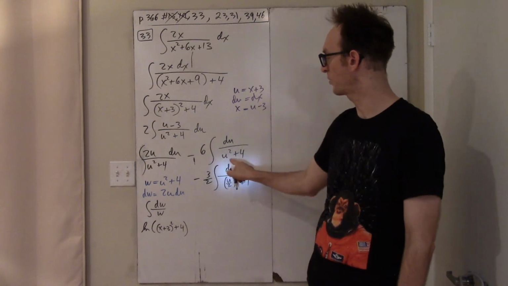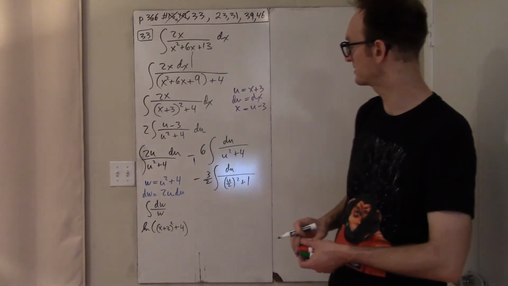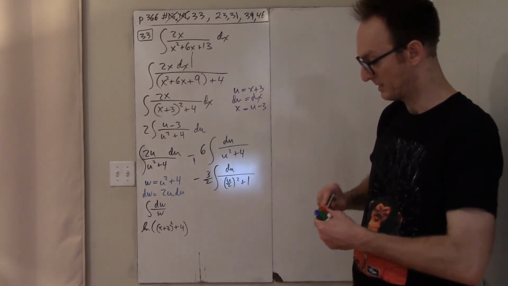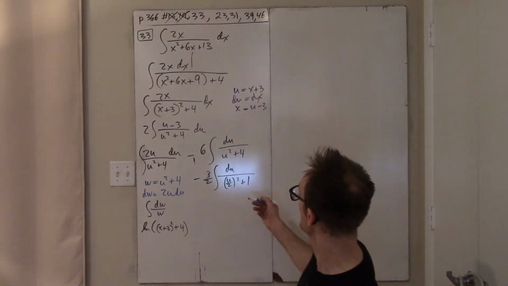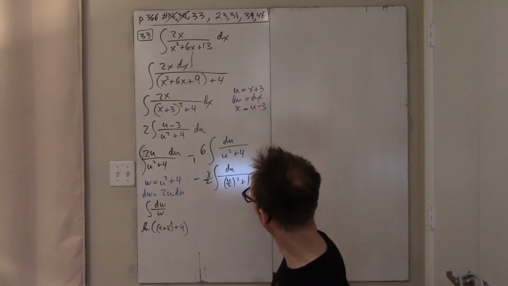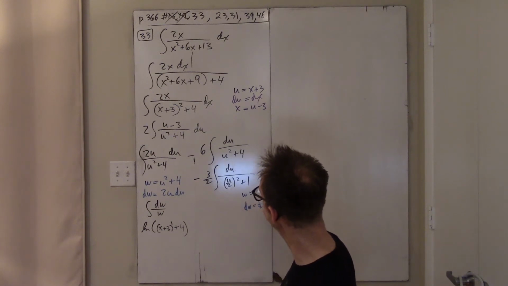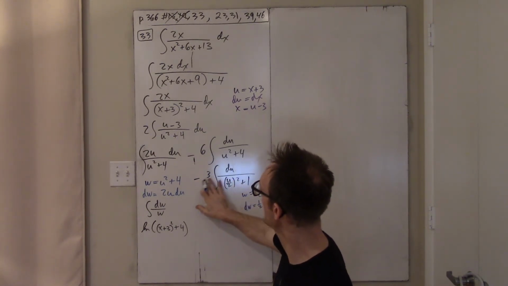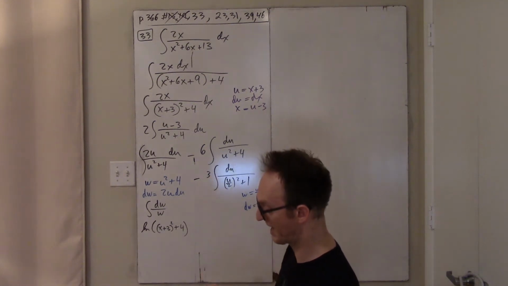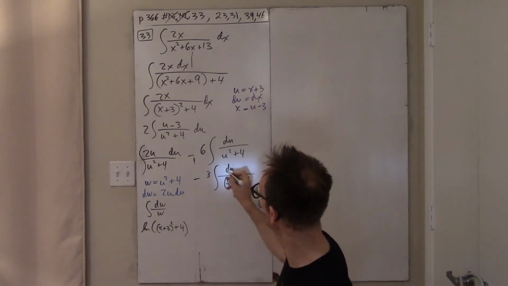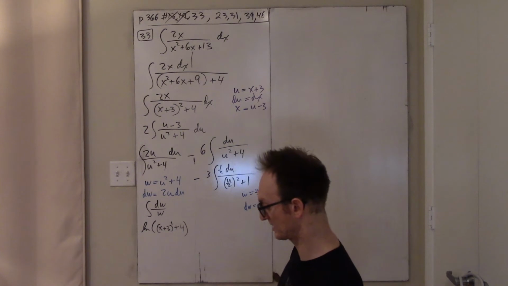When you factor out the 4, it becomes u squared over 4 plus 1, so this seems okay. And then because I'm letting w be u over 2, and dw is 1/2 du, I want a 1/2 in there. Let's move that 2 from outside back in, then everything's good as is.